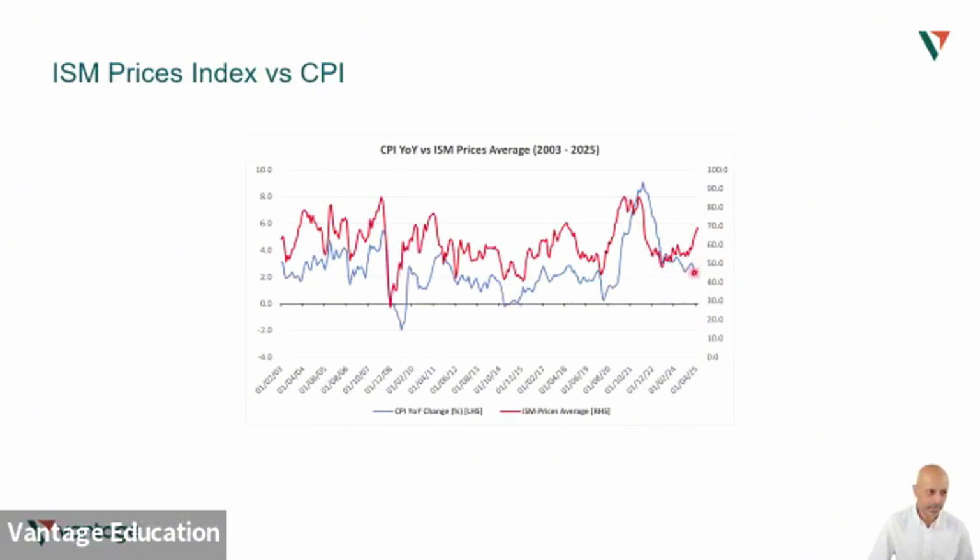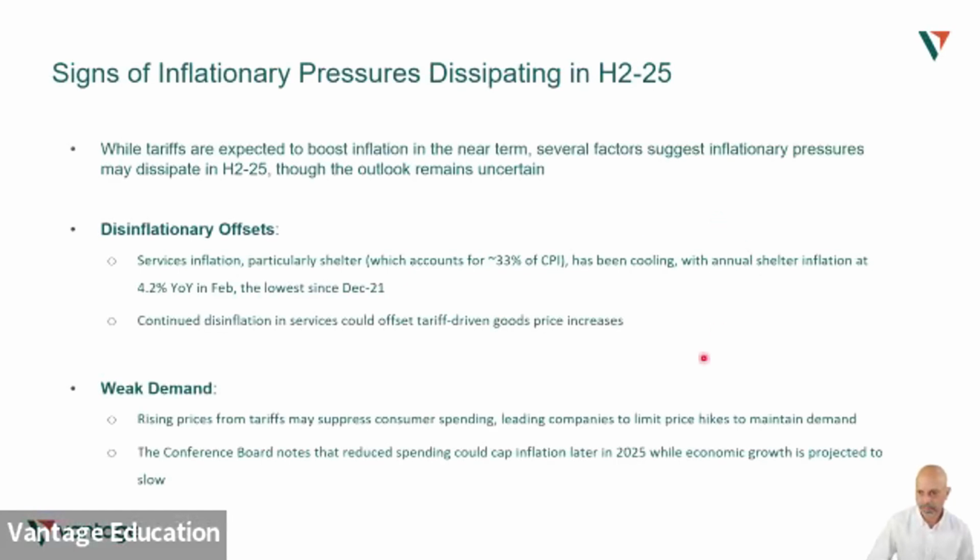So we might see consumer inflation accelerate marginally higher in June and July, but we may not see a very sharp increase, particularly because rising prices from tariffs could lead to suppressed consumer spending, and that in turn may cause many companies to limit price hikes to maintain a certain level of demand.